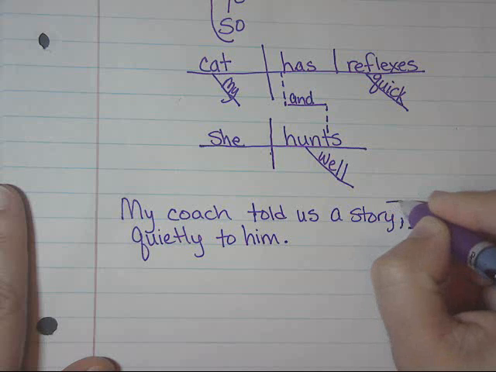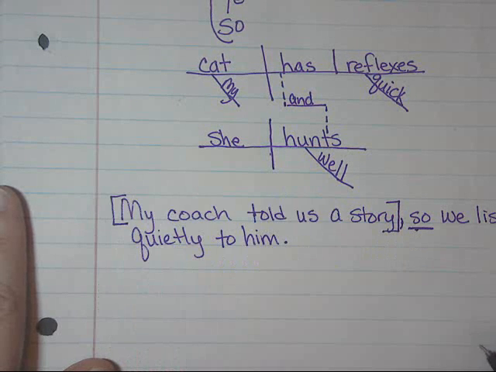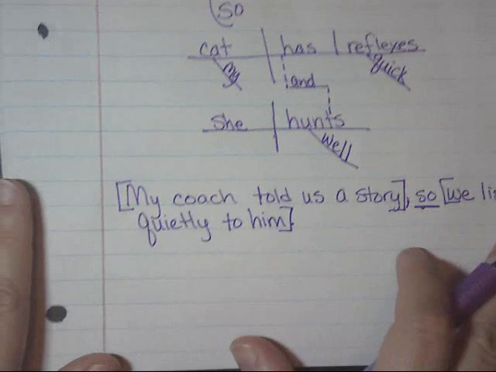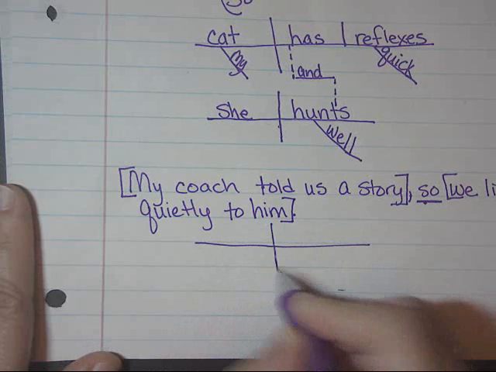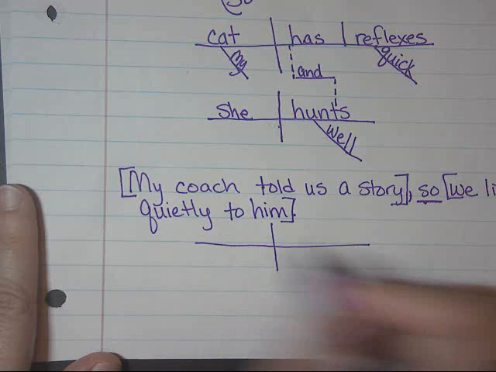Now, prior to the comma, here's our first full sentence. Where's our second full sentence? Right. Very good. Okay, so first things first, just like every time. Now, what's my subject in the first sentence? Very good.